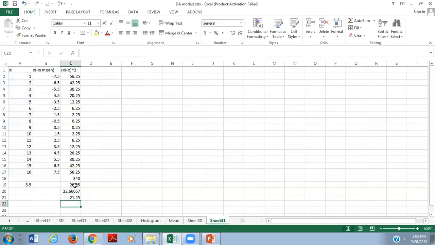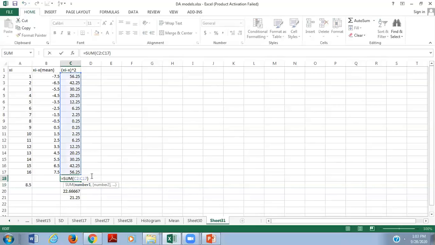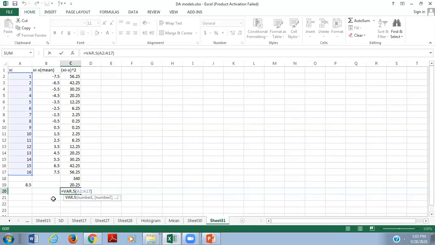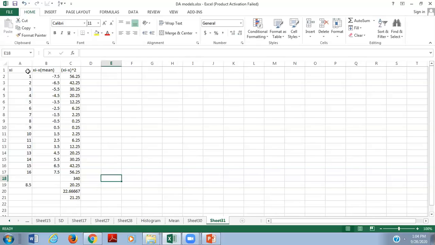Right? Calculation. Manually we did, and somewhat differences are there. This is the Excel formula for calculating the variance of the sample. This is the Excel formula for calculating the variance of the population, right? And this is what we did manually, xi minus x bar, that is 340 total came, then formula n minus 1.